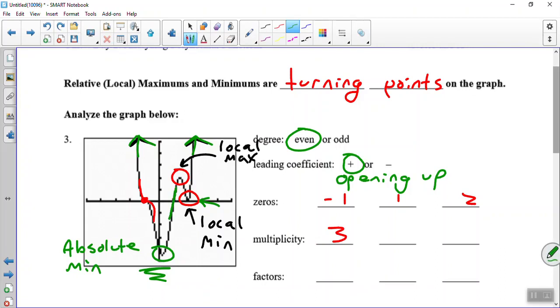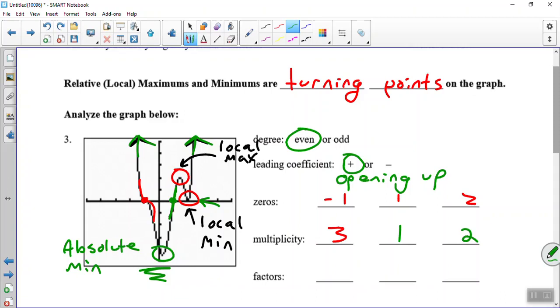I know this is tricky because of how the graph is laid out, but that is a linear shape as it crosses the x-axis. So that is a multiplicity of 1. The last 0, x equals 2, that's coming down and then bouncing off the graph. It looks like a quadratic as it touches the x-axis. A quadratic is a second degree polynomial. So if something has the shape of that as it crosses the x-axis or touches the x-axis, it's got a multiplicity of 2.